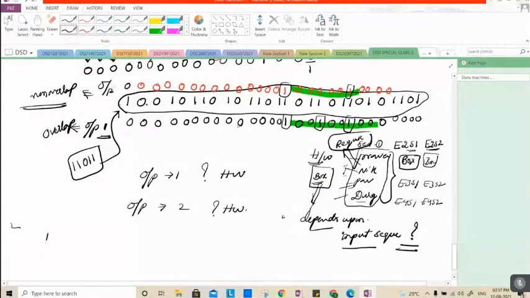For example, DNA అన్నారు, DNA matching hardware అన్నారు.